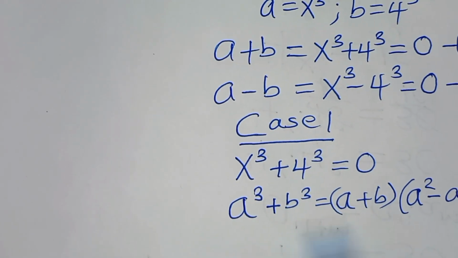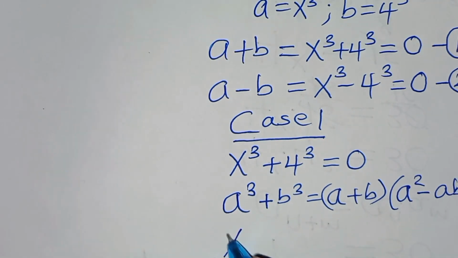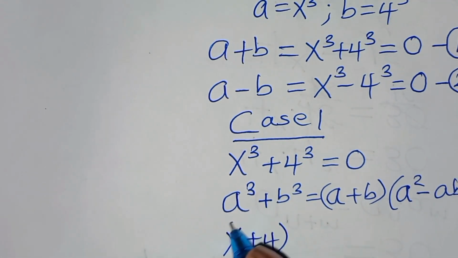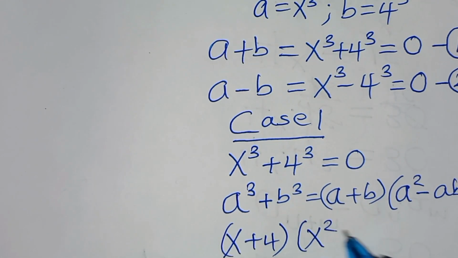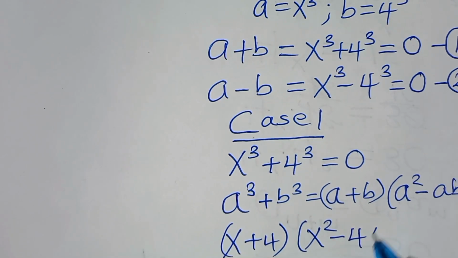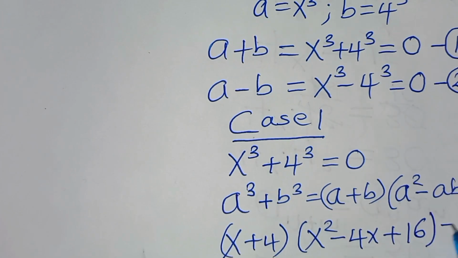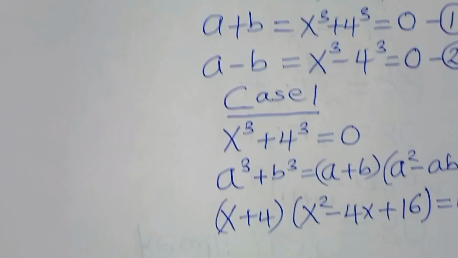So applying this identity, here we have x plus 4 times x squared minus 4x plus 4 squared, which is 16, equal to 0.